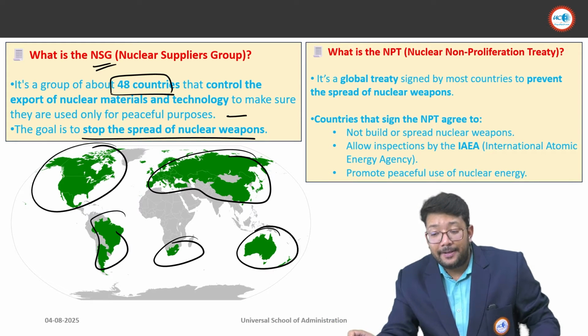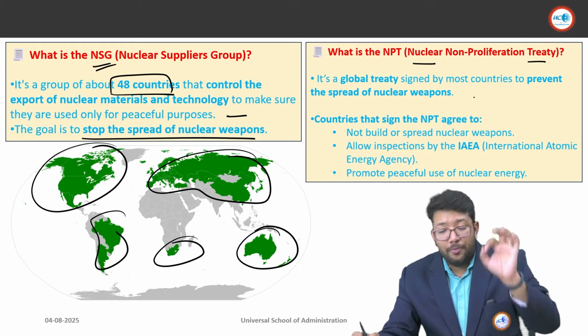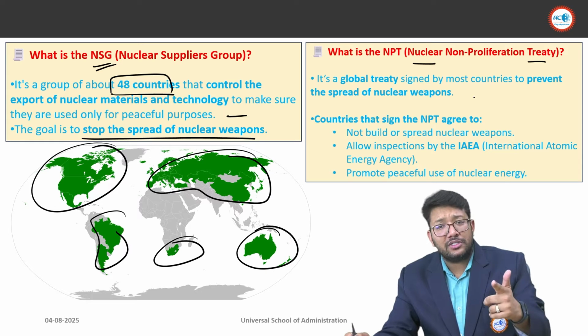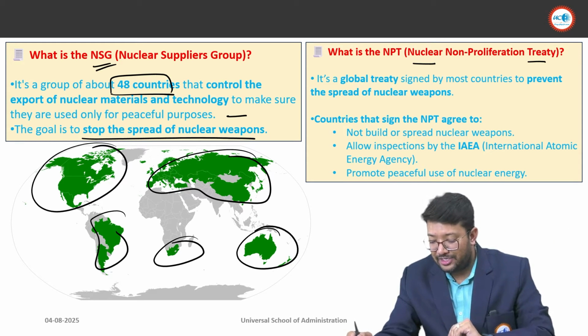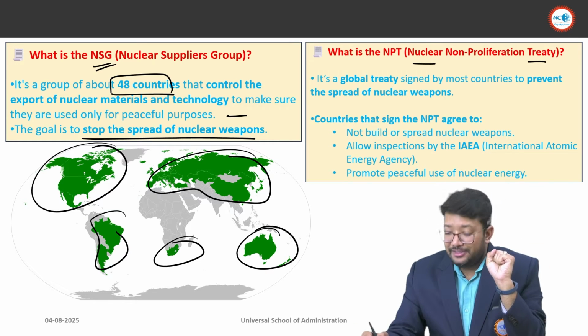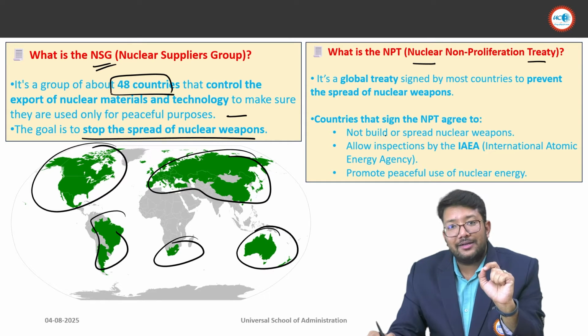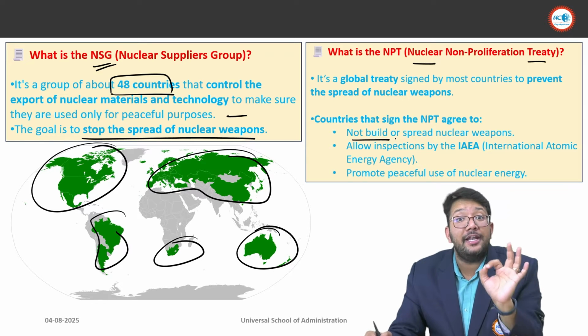Now what is NPT? NPT means Nuclear Non-Proliferation Treaty. It is a global treaty signed by most countries to prevent the spread of nuclear weapons, exactly same like NSG. Now what exactly is the difference between NPT and NSG? If the country is signing the NPT, it means it will not build and spread nuclear weapons.